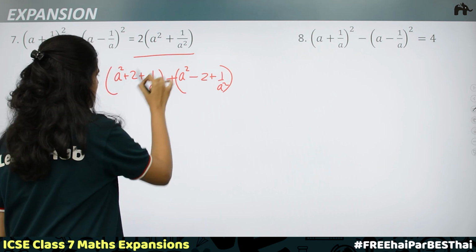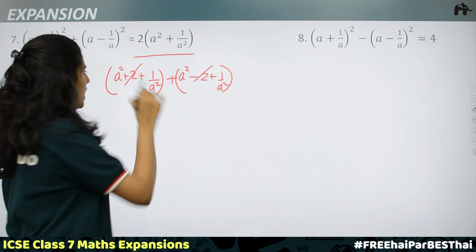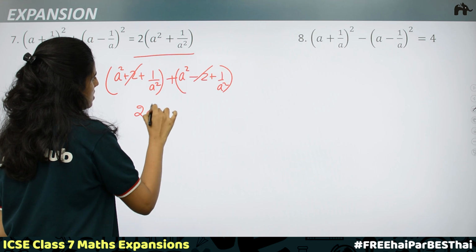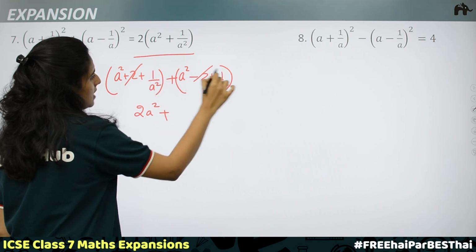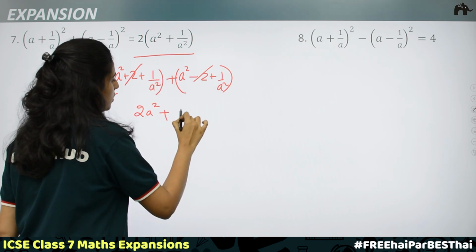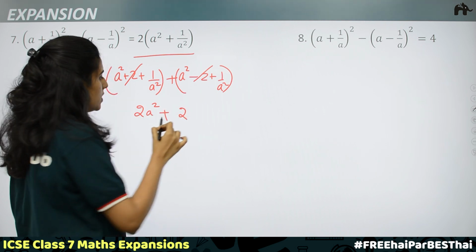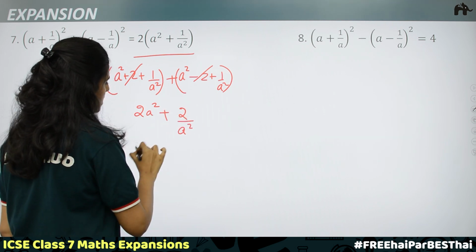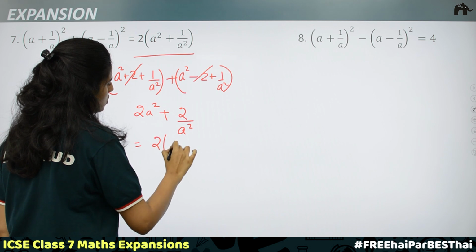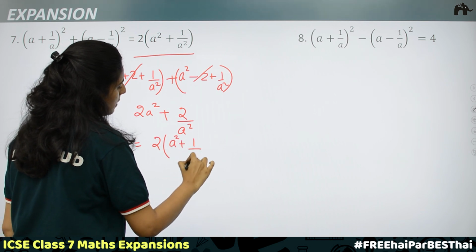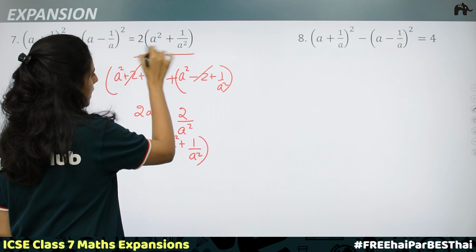Okay, here plus 2 and minus 2 can be removed. a square plus a square is 2a square, plus 1 by a square plus 1 by a square will be equal to 2 into 1 by a square, which is 2 by a square. This is equal to 2 into a square plus 1 by a square. This is how you will be getting this.